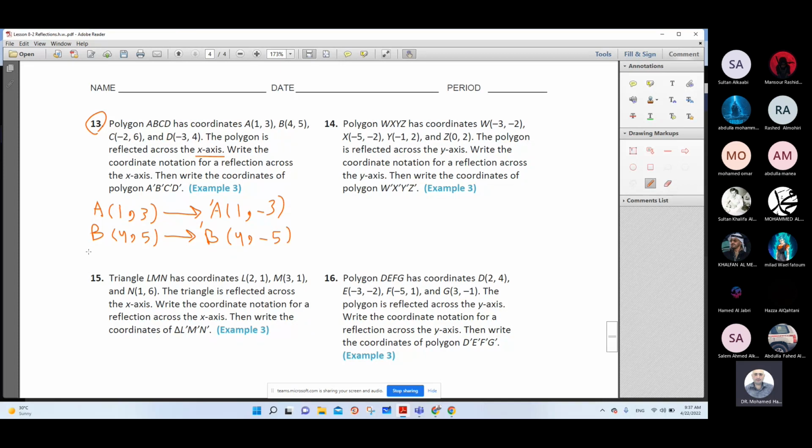Then here we have C(minus 2, 6). So C prime: keep the same x, minus 2, and take the opposite y, minus 6.